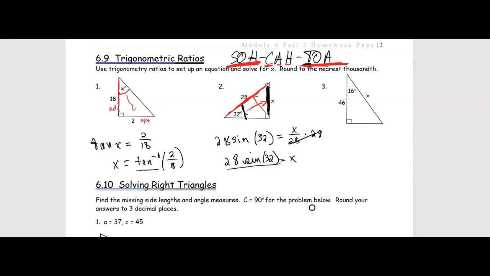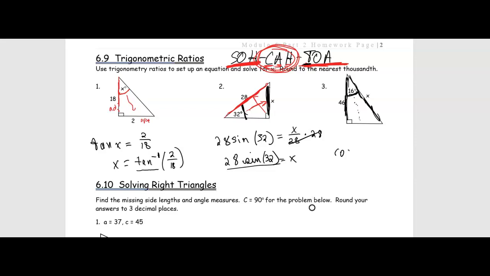3, the last thing for this, here's your angle. We don't have the opposite side now. What we have is this side here, which is our adjacent side, and then this side here, that's opposite of your right angle, that's your hypotenuse. So we now have the adjacent and the hypotenuse. So now we're dealing with this one here. Adjacent hypotenuse is your cosine.